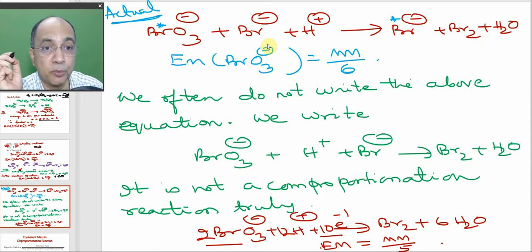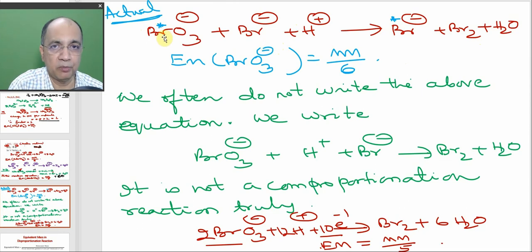This is not a comproportionation reaction, truly, because if you take a labeled bromine, for example, a radioactive isotopic bromine, say bromine 81, bromine 82, which is a non-stable isotope. You label it, but this is ordinary bromine with average atomic mass 80, and this is a selected bromine isotope which is radioactive.